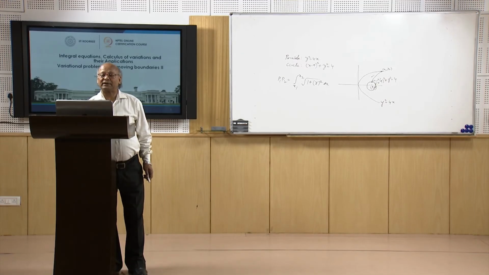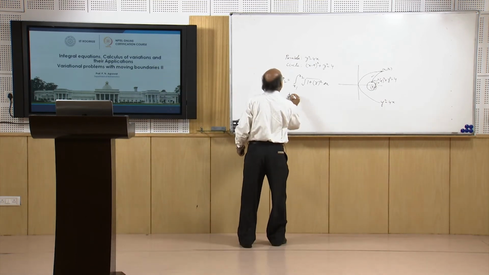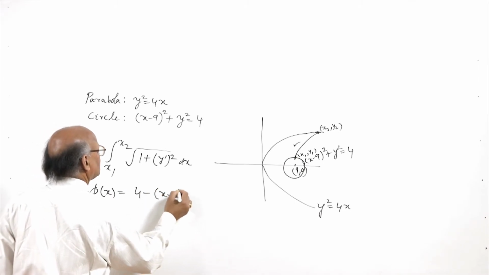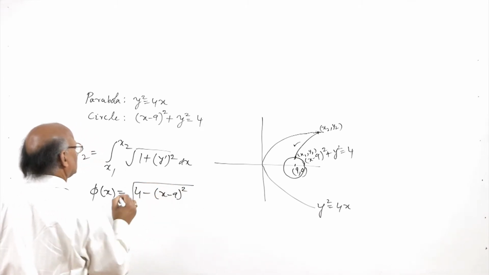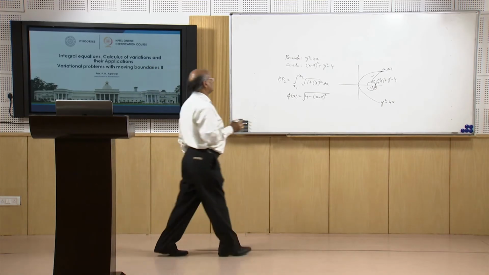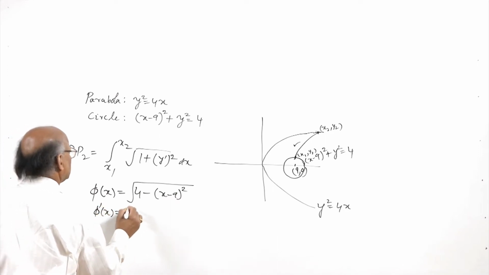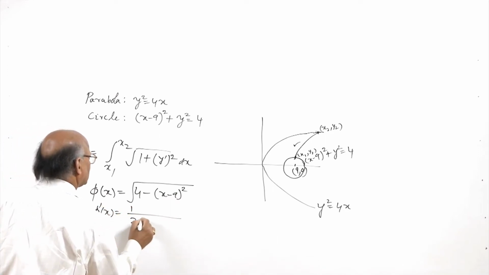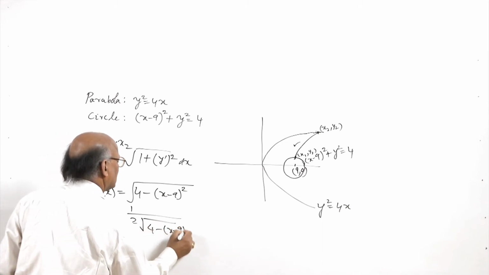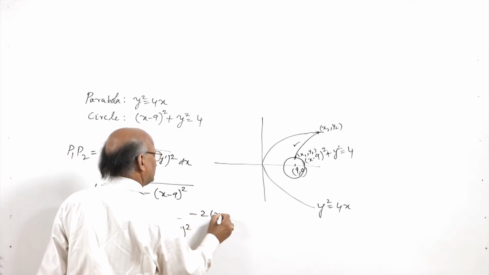We are writing phi(x) = under root (4 - (x - 9)^2). So when you find phi'(x) here, what you get is 1/2 times 1 over under root (4 - (x - 9)^2) into -2 times (x - 9).